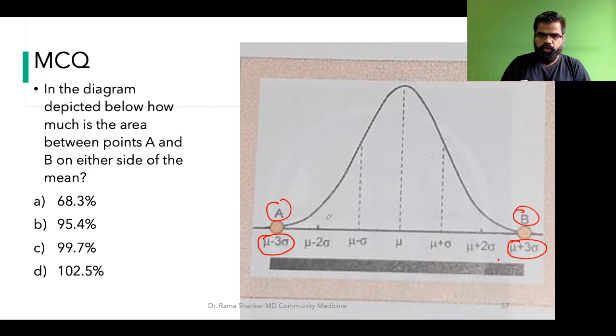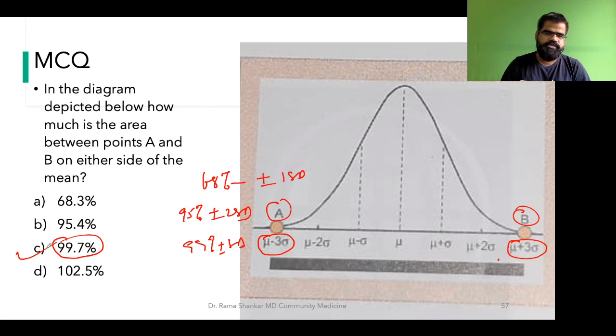So as you know, mean plus minus 3 standard deviation, it is roughly 99%, but here the exact value is 99.7. So we'll go with the answer C. As you know, roughly we say 68% is for plus minus 1 standard deviation, 95% for plus minus 2 standard deviation, 99% for plus minus 3 standard deviation. So we went with answer C. Okay.